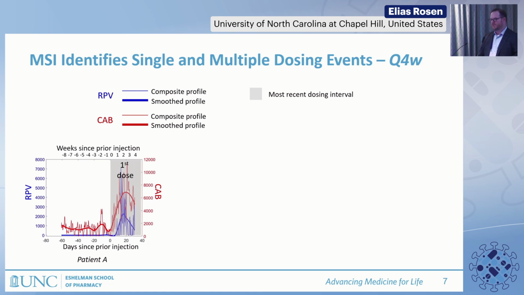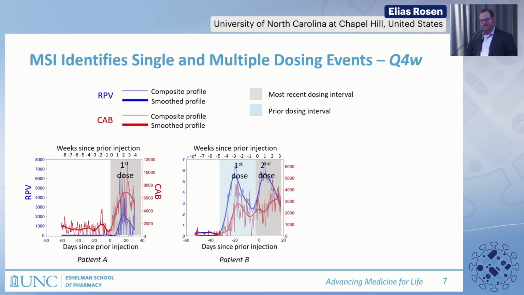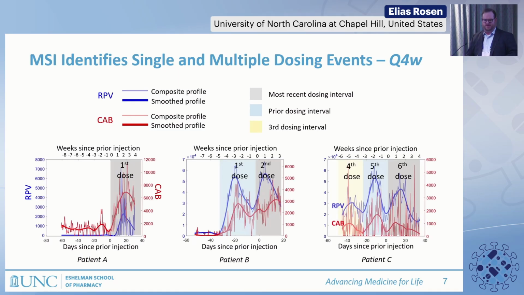So now to the results. We were able to interrogate a median of 86 days of hair growth. And in individuals receiving monthly treatment, this retrospective window provided by MSI was able to identify single and multiple dosing events.